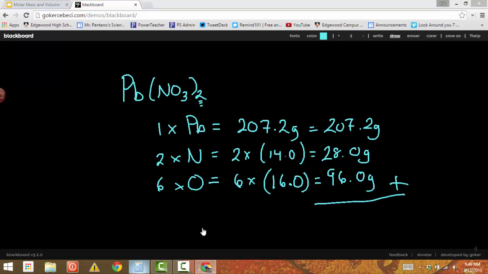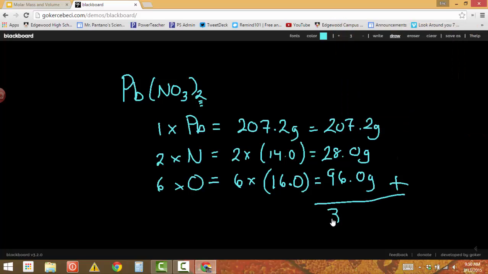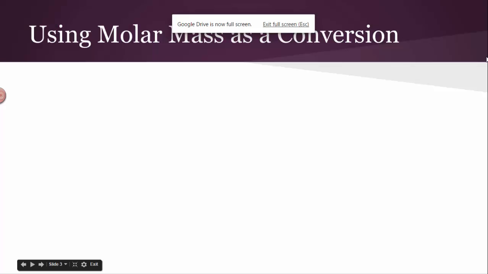I can pop out a calculator here. Let's do 207.2 plus 28.0 plus 96 is equal to 331.2 grams per mole. Okay? So that's all there is to finding molar mass. If it's a compound, you're just going to have to add up all of the molar masses for all of the elements in the compound. And if it's an element, you just look it up.